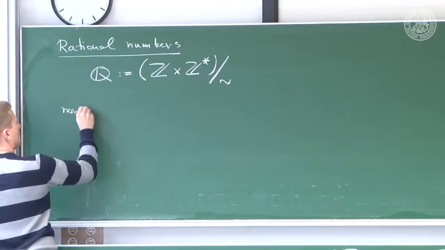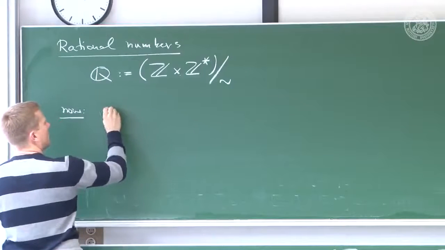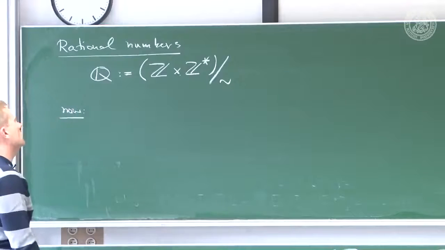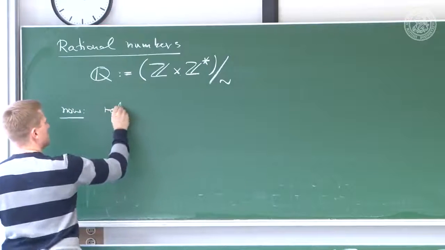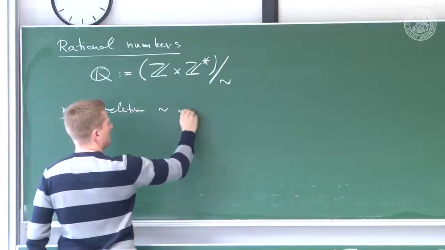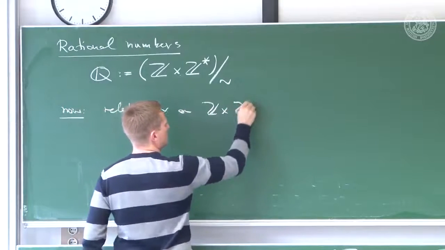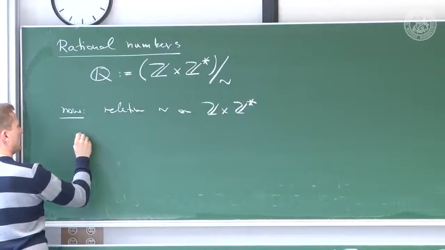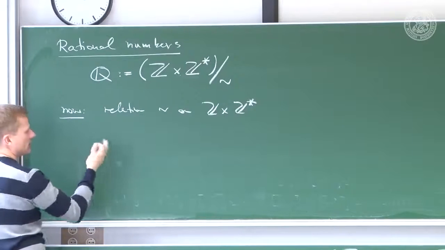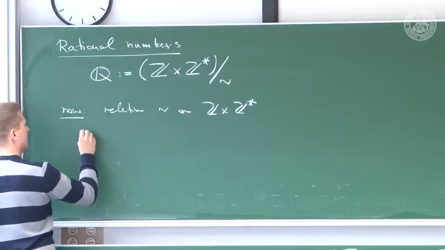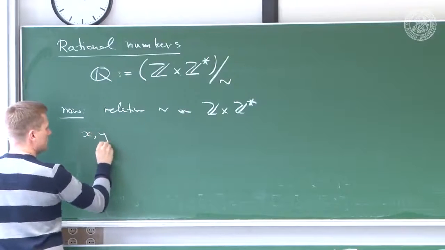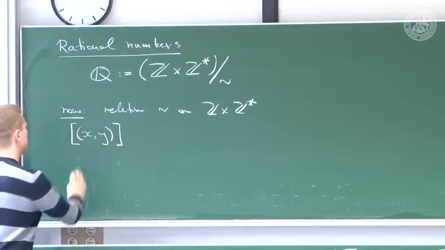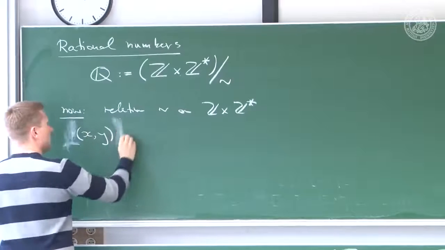But now, this equivalence relation, relation twiddle on this Cartesian product Z cross Z star, is defined as follows. A pair, let's again call them m, n, but maybe call them differently, x, y.